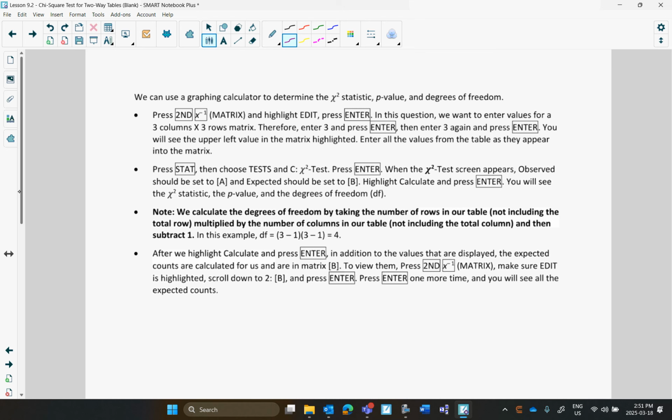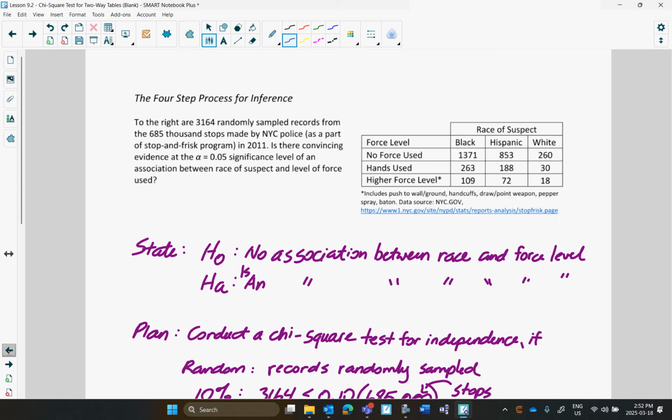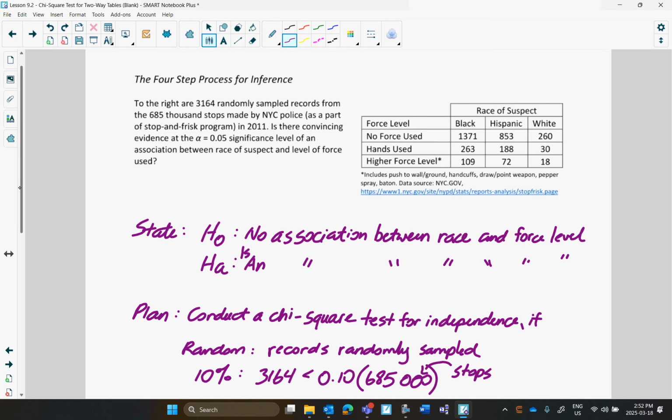So we press enter, and then we want to do a 3 by 3. So 3, enter, 3, enter. And you can see it gives you a 3 by 3 table. And all you have to do is enter all the observed counts from here into this.